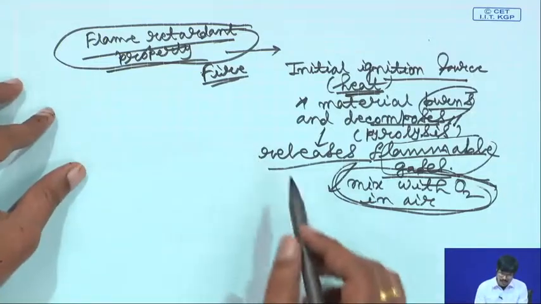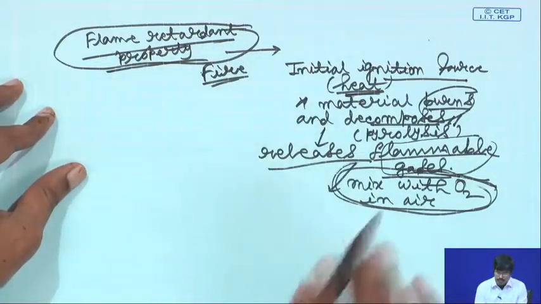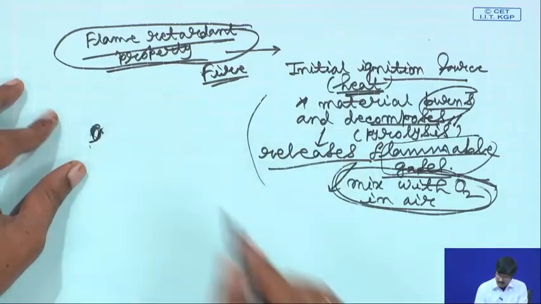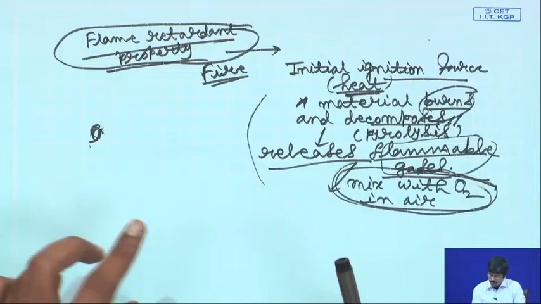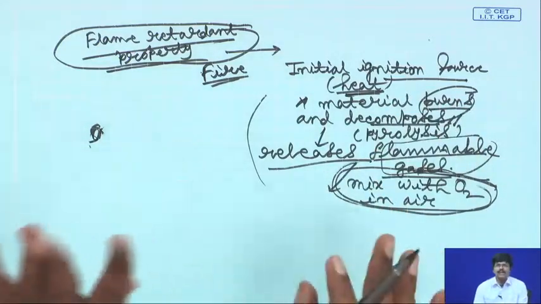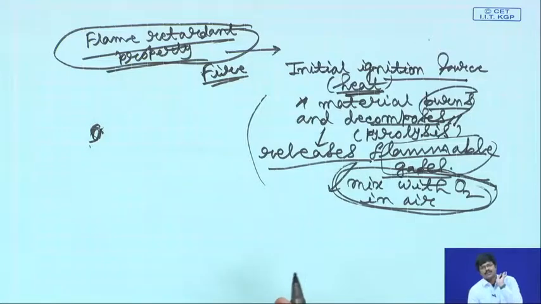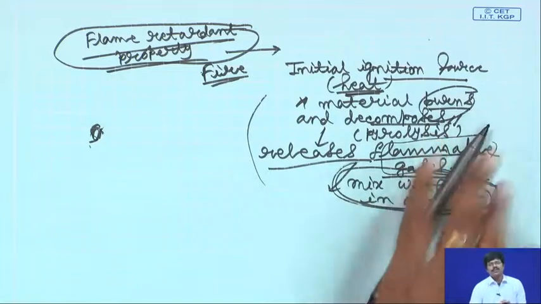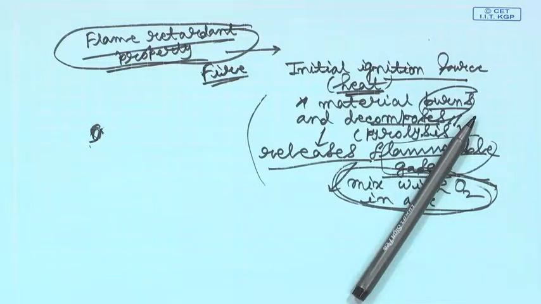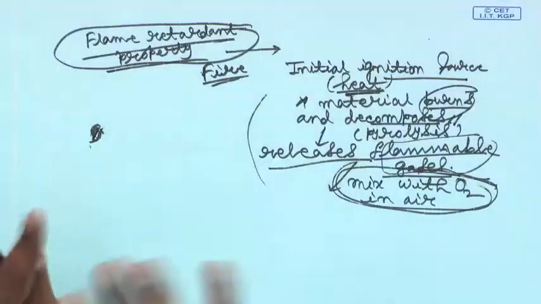Now, there are different ways in which a fire retardant could work. One of the ways is that it could stop the feeding of the combustion process. While this combustion is going on, it is releasing more heat, the flammable gas mixes with oxygen and burns, it releases more heat, and then your material burns further and releases more and more flammable gas. So, you want to stop that feeding.